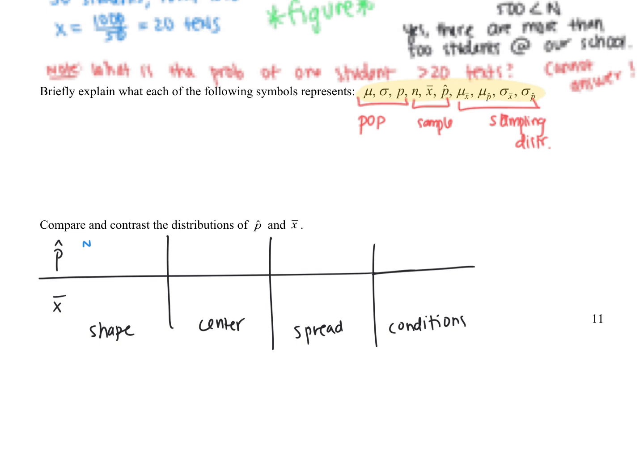For proportion, p hat is normal if, like we said, np is at least 10, and n(1 minus p) is at least 10. The center is at the population proportion. The standard deviation is that square root of p(1 minus p) all over n. And we're looking at the 10% rule.